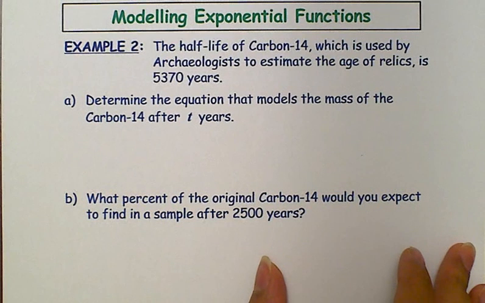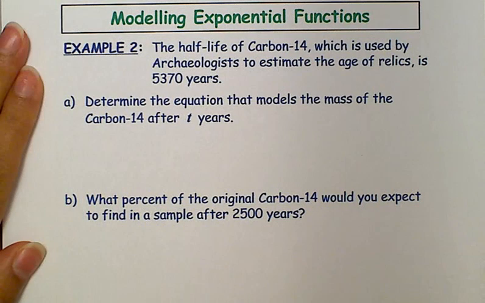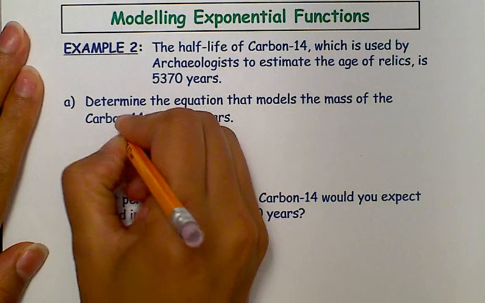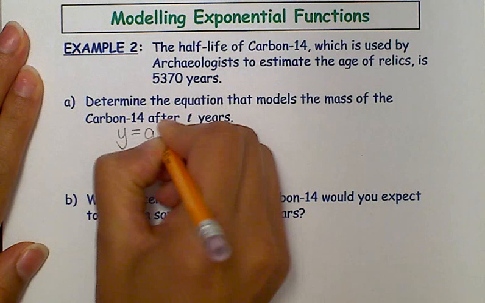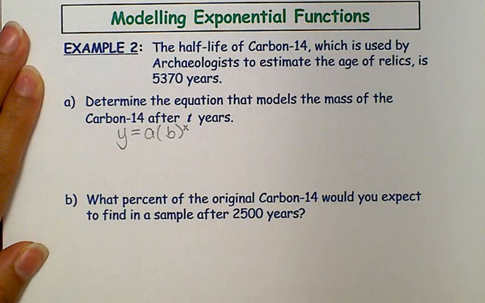In part A it says, determine the equation that models the mass of the carbon-14 after t years. Let's start by writing y equals a times b to the exponent x, which is our general function whenever we're looking at exponential growth or decay. Let's think about our independent and dependent variables.